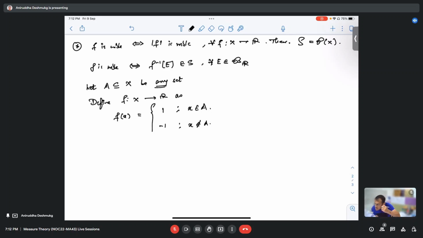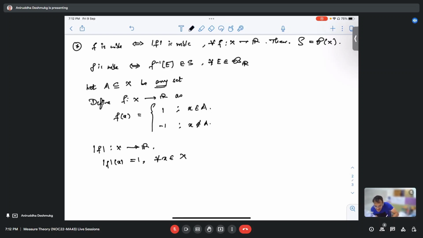Yeah, Prashandeep, are you there? Yes, sir, I'm listening. So this is the definition of my function. What can you say about mod f? What is mod f equal to? It is the constant function. It is 1, right, for every x in capital X. So therefore, is mod f measurable? Sir, it is a constant function.